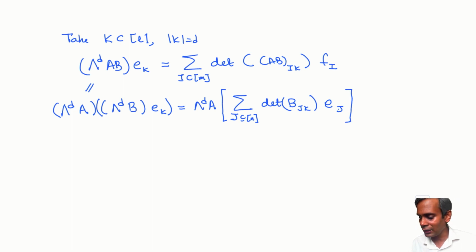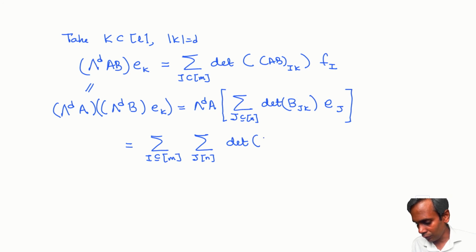And then we apply wedge^d A to this and we get the summation over I subset of m, summation over J subset of n, of the determinant of A_{IJ} times the determinant of B_{JK} times f_I.